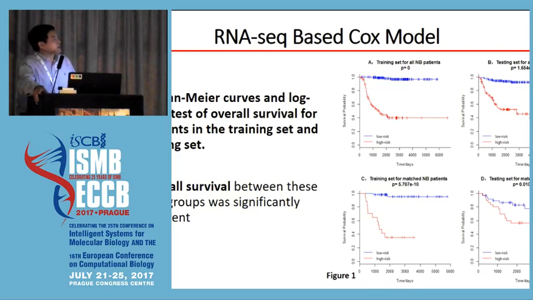Next, based on this Cox model, we plot the Kaplan-Meier curve with a log-rank test. You can see that, based on survival, we can separate these patients very well in both the training set and the test set.